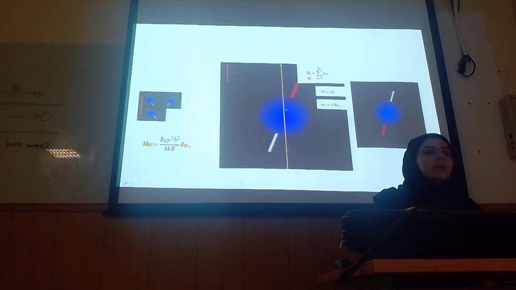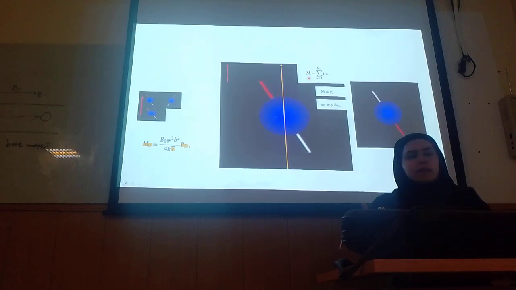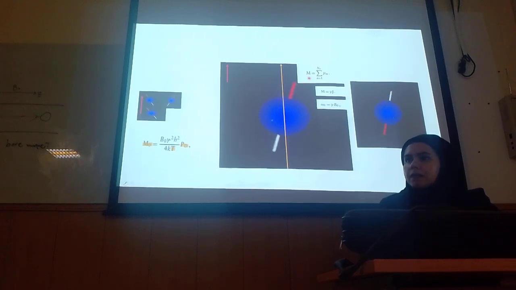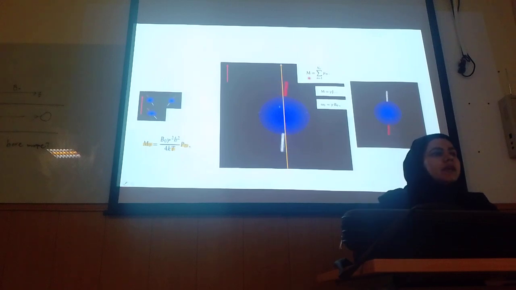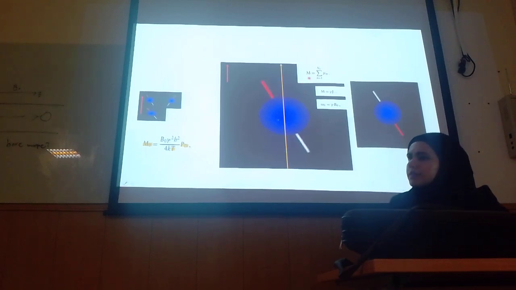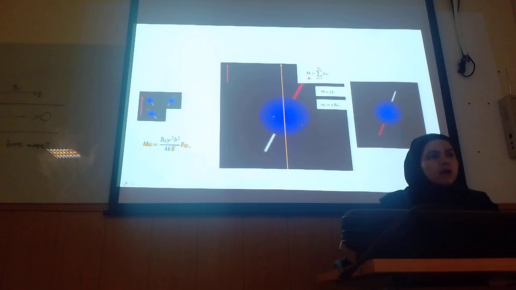But then we are exposing the nucleus to the external magnetic field. The nuclei would have two states, and the energy state is obviously lower for one.